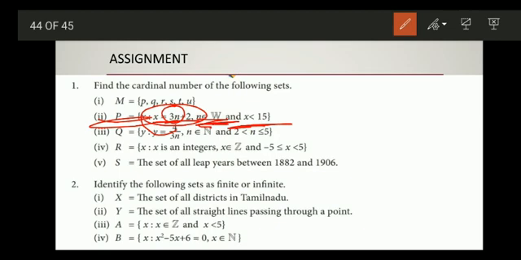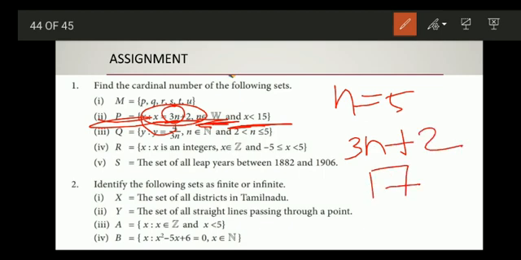That will also be in P. But when you take n is equal to 5, 3n plus 2 will be 17. Here we have a condition, x should be less than 15. 17 is greater than 15. So 17 will not be in this set. So like this, list down the elements of the set and count how many elements are there in that set.